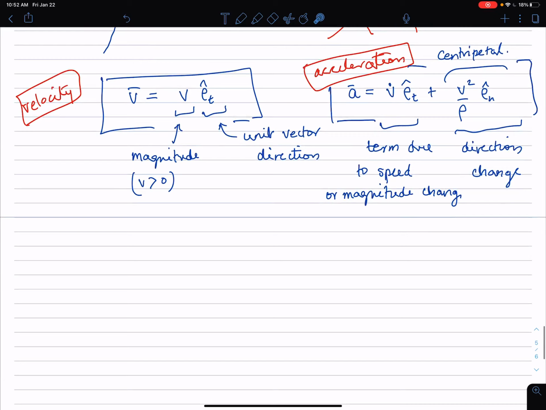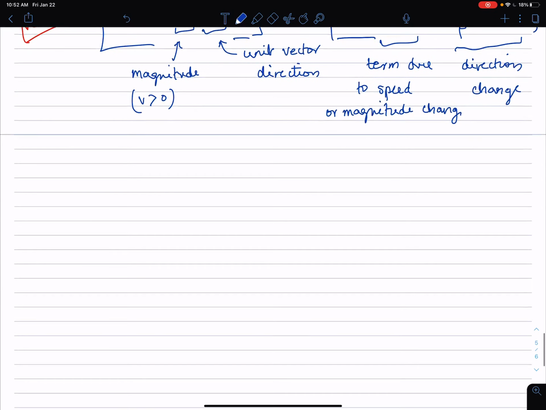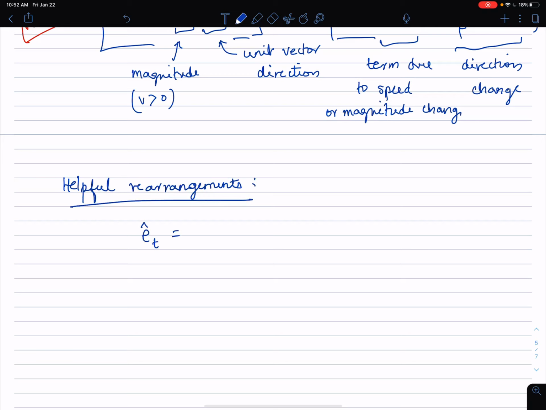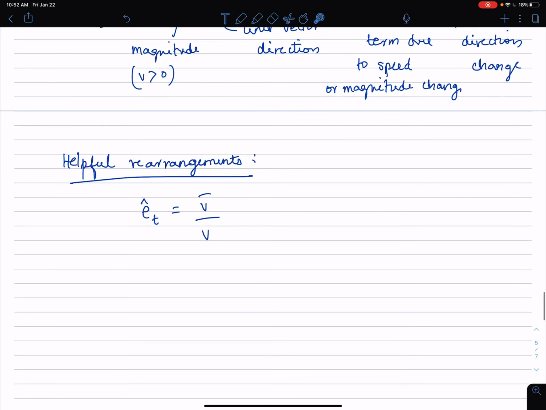Okay, so it's sometimes helpful to rearrange these equations, so helpful rearrangements. For instance, if you know v, the velocity vector, and then you can compute the magnitude of the velocity vector, then et is the velocity vector divided by the velocity magnitude, okay?